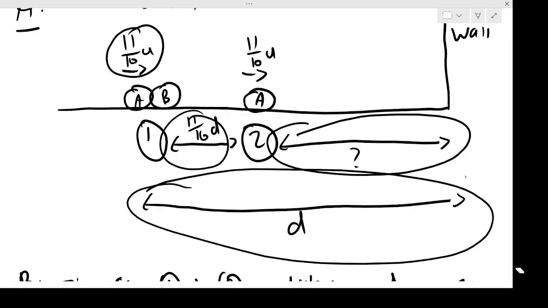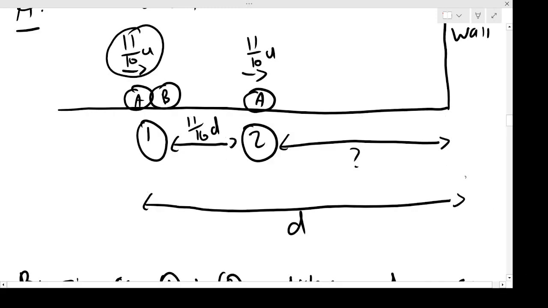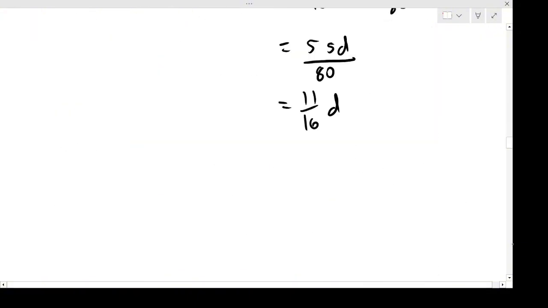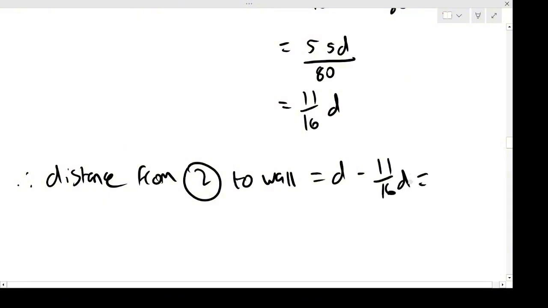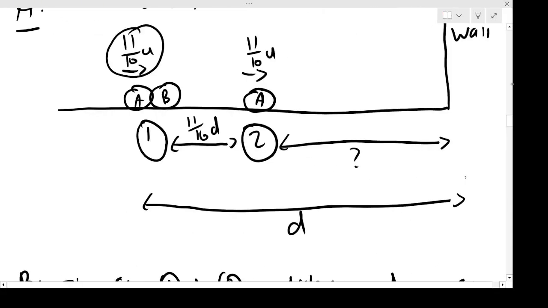So to work out the distance from point 2 to the wall, it's going to be D take away 11/16 D. So the distance from 2 to the wall is D take away 11/16 D, and that's going to get me 5/16 lots of D. And there we are. That is the distance here.